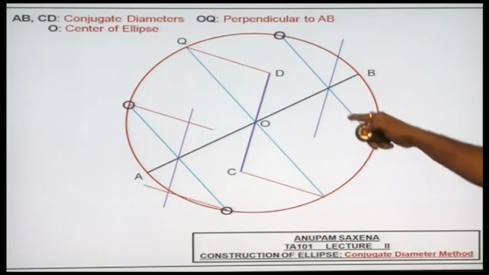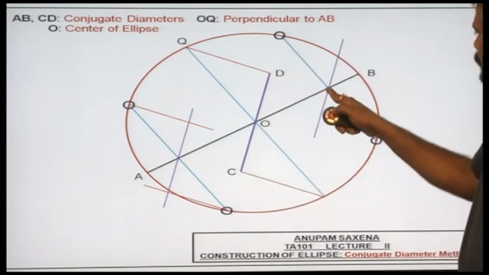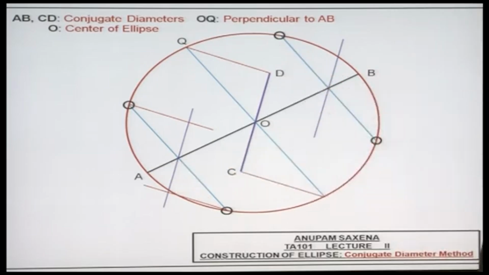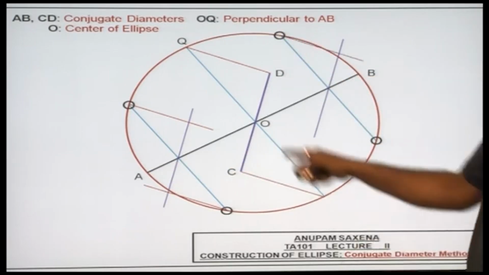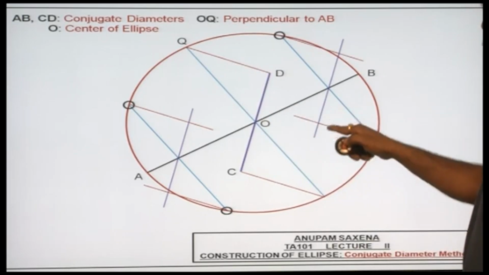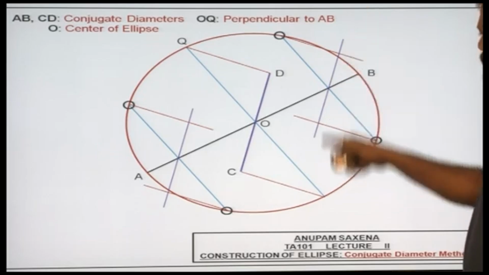Likewise, I will draw a line segment parallel to CD such that it passes through the intersection between this blue line and the line AB. From here I will draw a line parallel to OD. From here I will draw a line parallel to again OD, and of course this red line over here would be intersecting with the purple line.